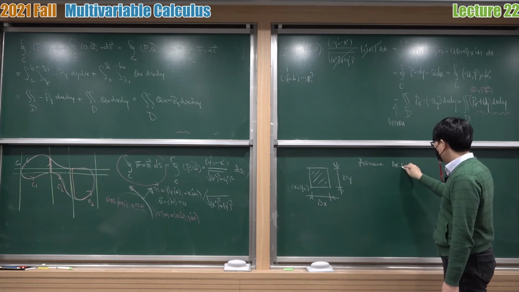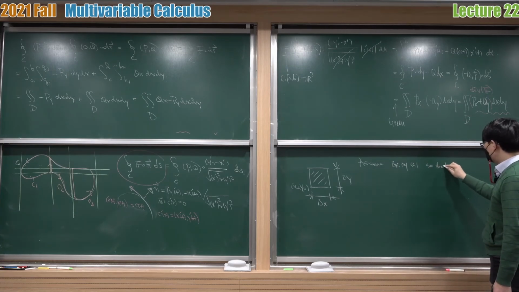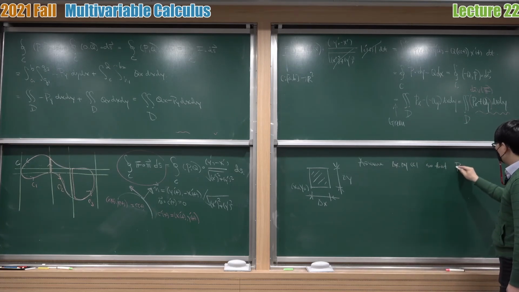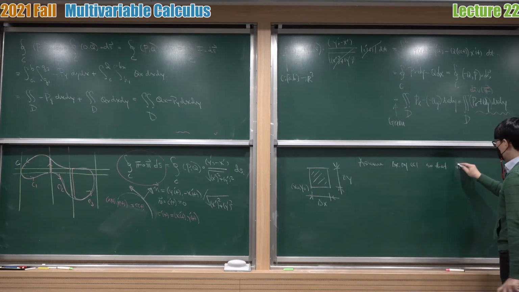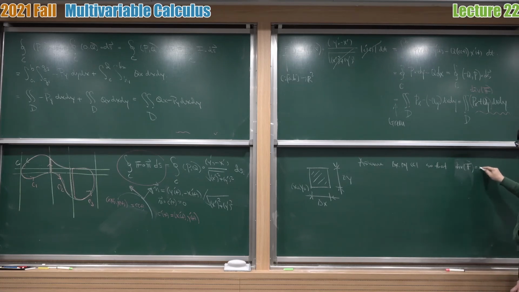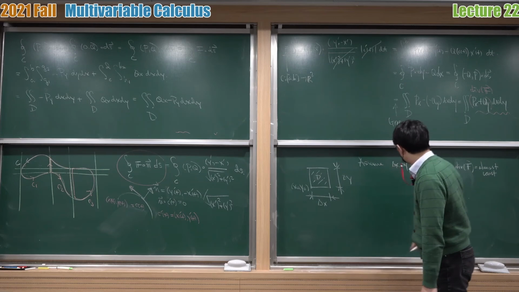Assume that delta x, delta y are very small, so that this divergence of F is almost constant on this domain D, okay?